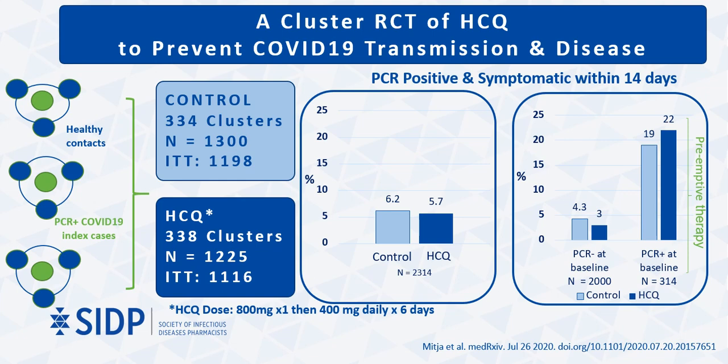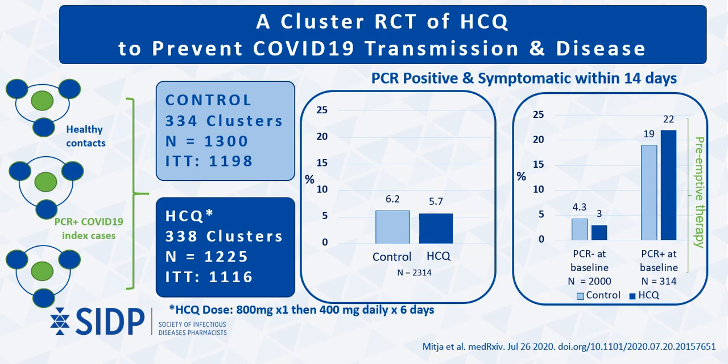This was open label. So altogether, the investigators identified 754 index cases, and they assessed them. And each of them had a cluster or ring of health contacts that were linked to them. And those index cases were confirmed PCR positive.